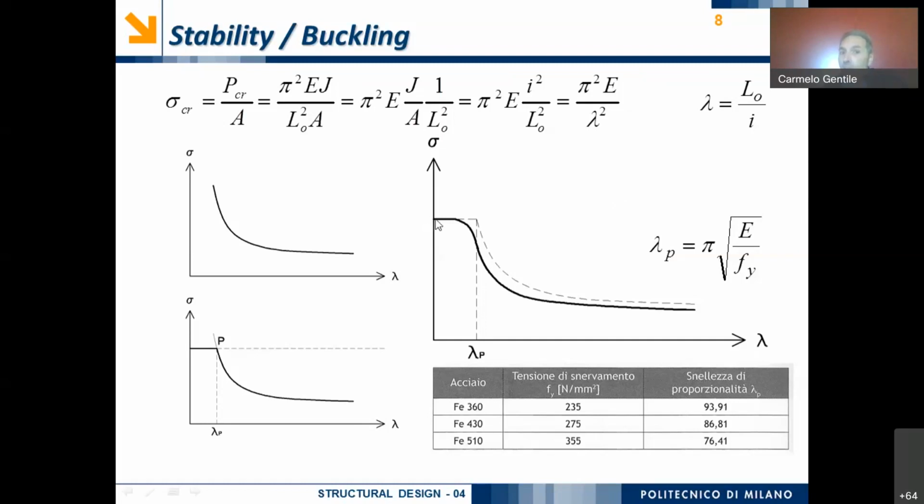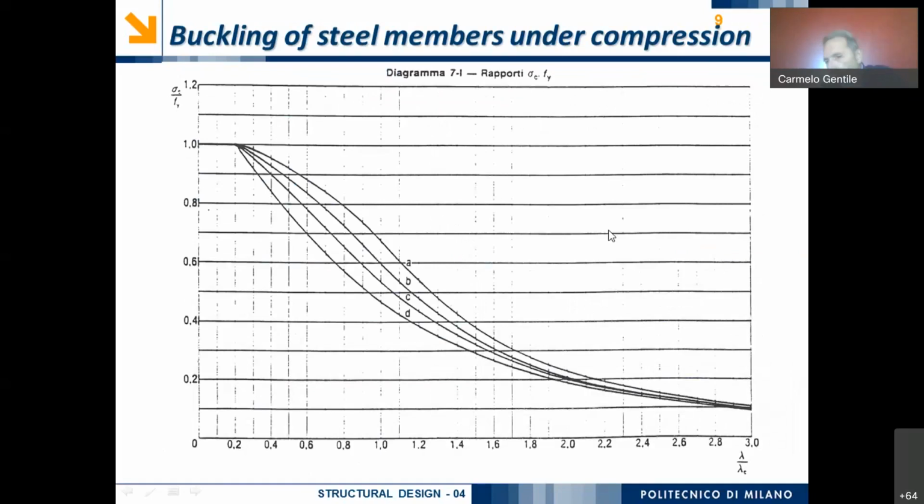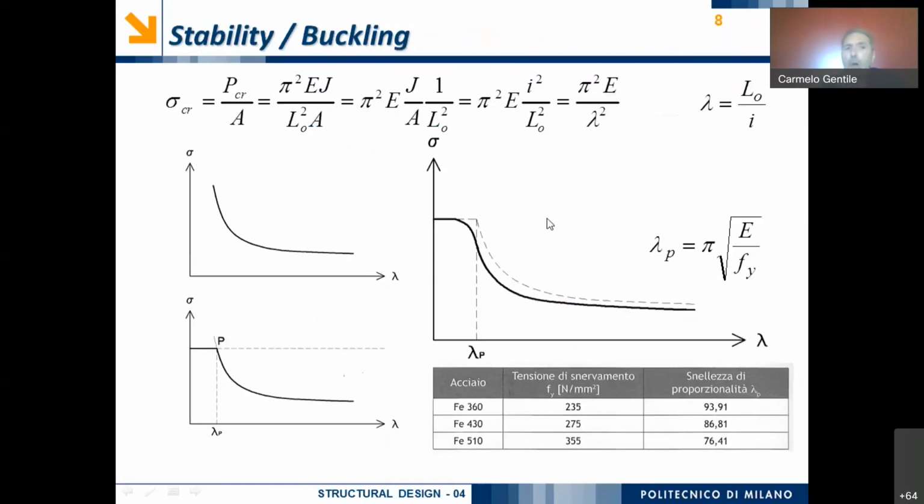So the real stability curve is lower than the ideal stability curve. Something like this, okay?